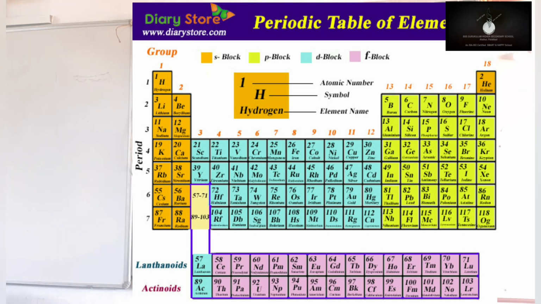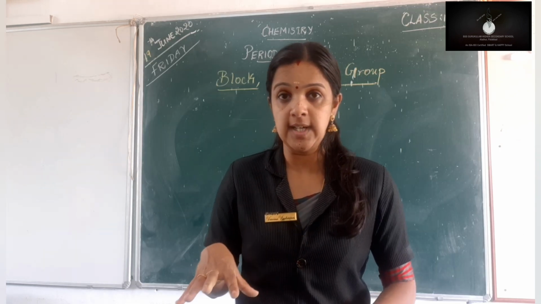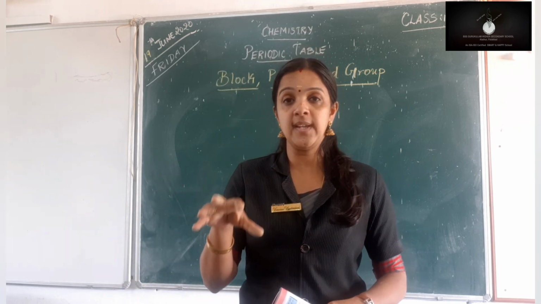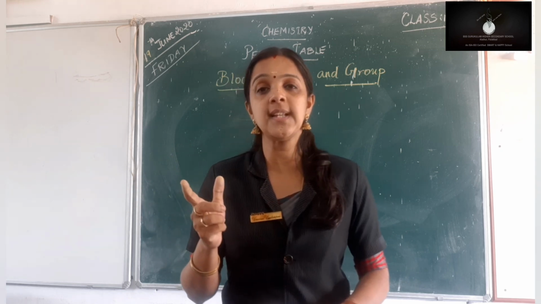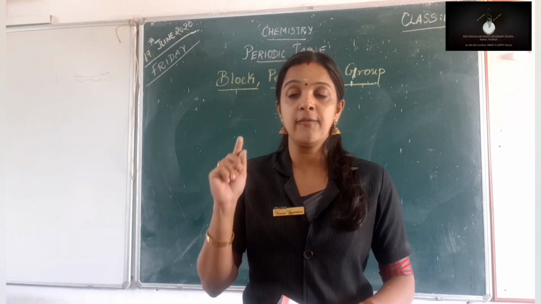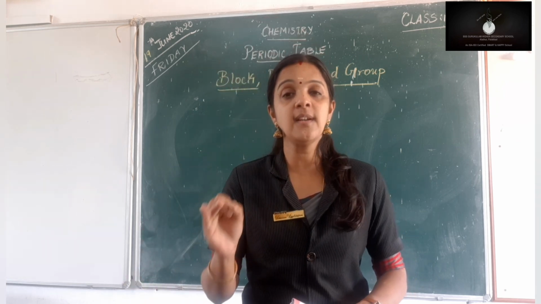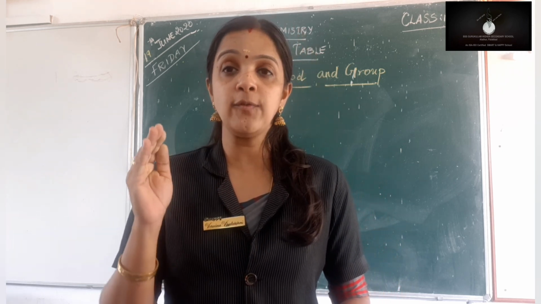So horizontal rows are called periods, and vertical columns are called groups. In today's class, we are going to study how to find out the block, period and group of an element. So what is the learning objective for today? We are going to learn how we can find out the block, period and group of an element.